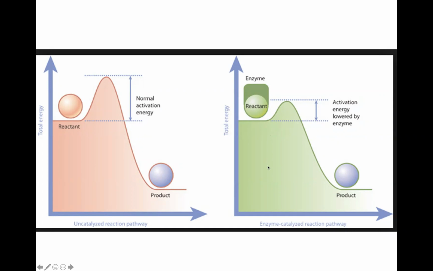So this reaction on the right is going to take place at a much faster speed, or the initiation of this reaction is going to take place a lot faster. Okay, it's going to speed up, due to the presence of this enzyme. What questions do we have about this?